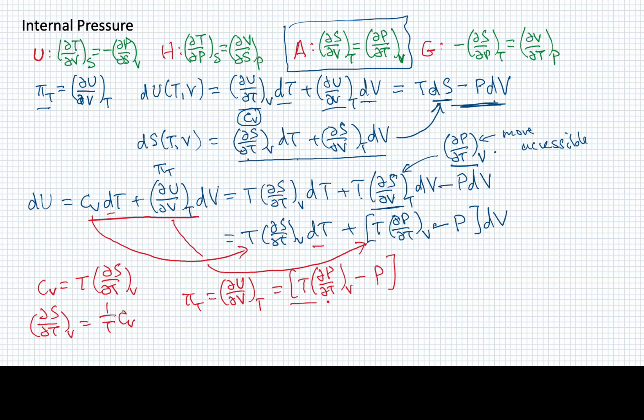This is an expression I can use to calculate my internal pressure given the equation of state or other information about the system, because all of the quantities in it are quantities that I can presumably measure. That is very interesting, because now we can get direct information about the intermolecular forces, through this internal pressure, directly from measurements that we can make on physical quantities.